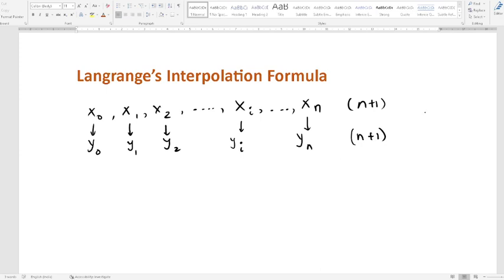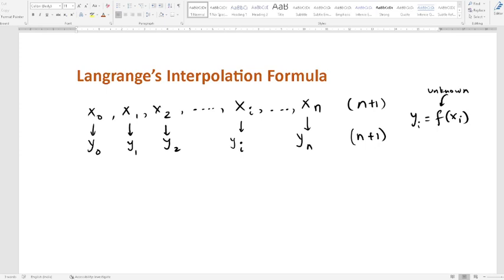Of course, here we need to think of the relation between x and y as yi equal to f of xi for some f. This f is unknown to us, and we want to keep it unknown. We don't really want to find f right now.